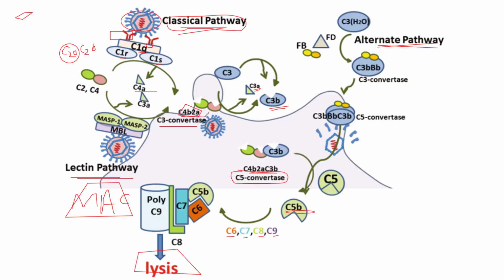C4b and C2a combine to make C3 convertase, which acts on C3 to make C3a and C3b. This C3b combines with C4b and C2a to make C5 convertase, which acts on C5 to make C5a and C5b.